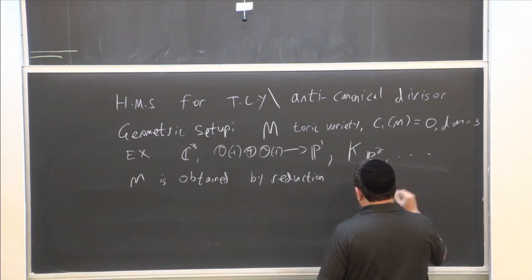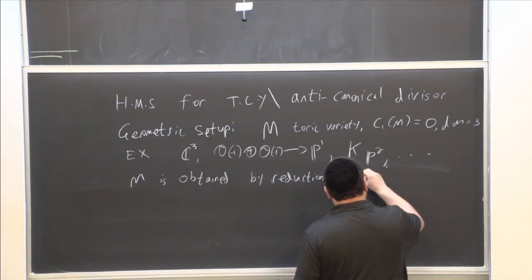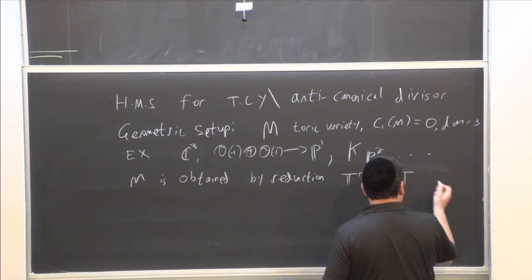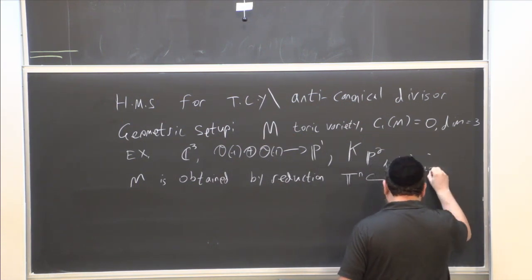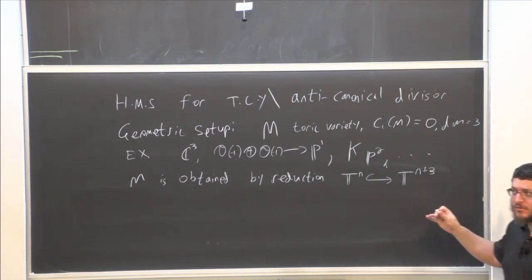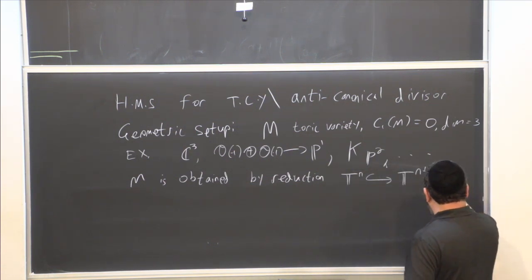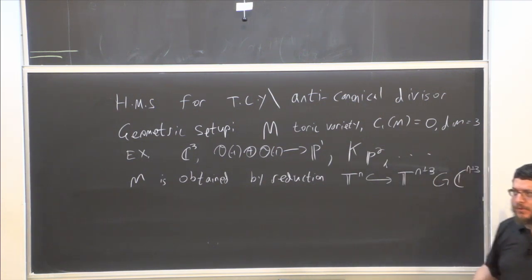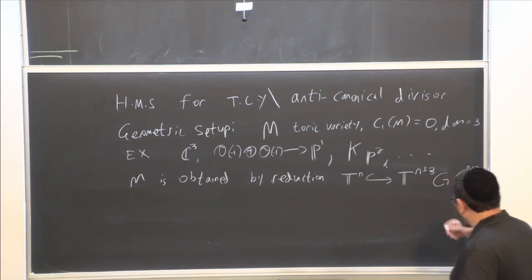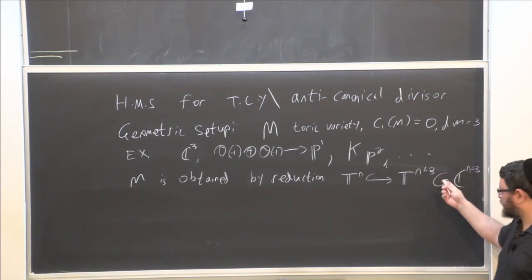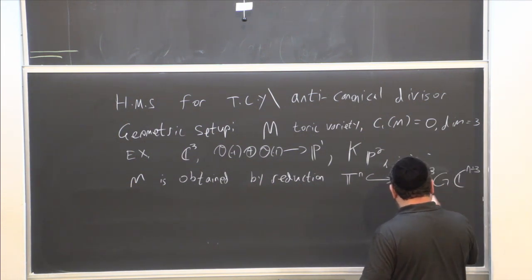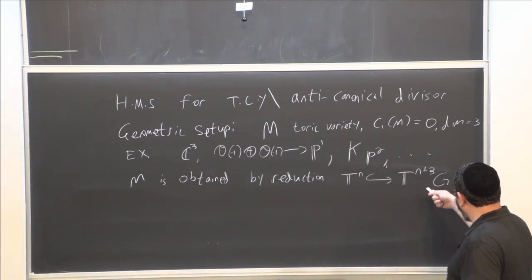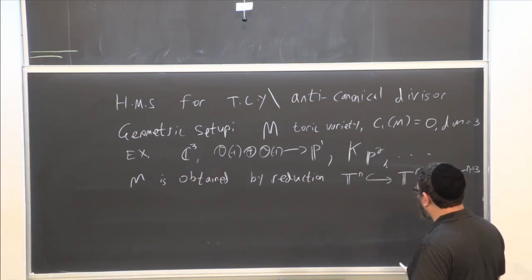We're talking about dimension 3, so it's some kind of n-dimensional torus which sits inside the standard torus acting on C^(n+3), just by the standard action, which is diagonal multiplication.